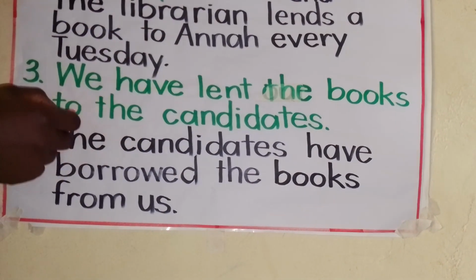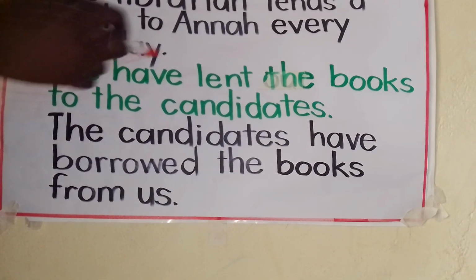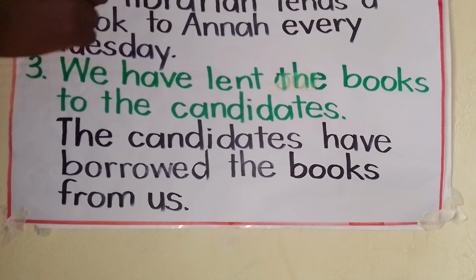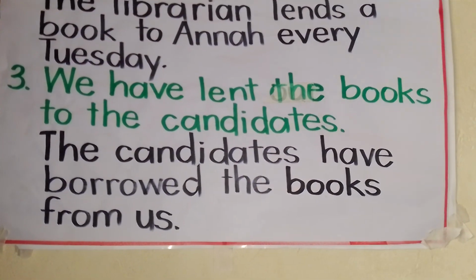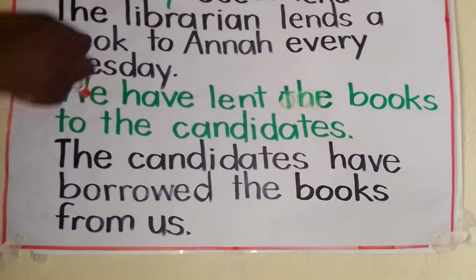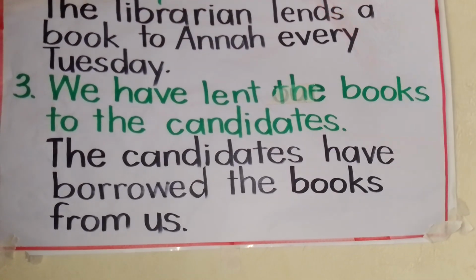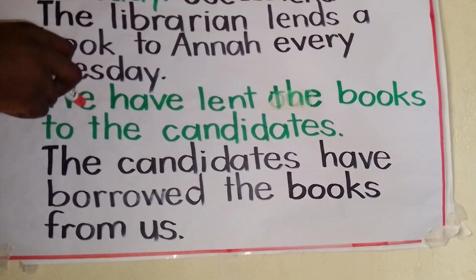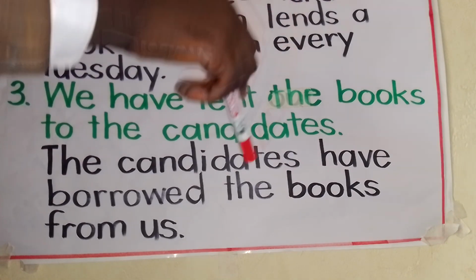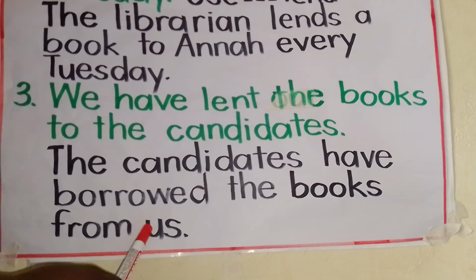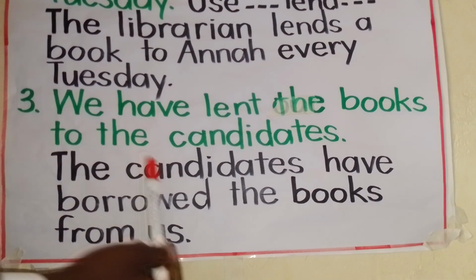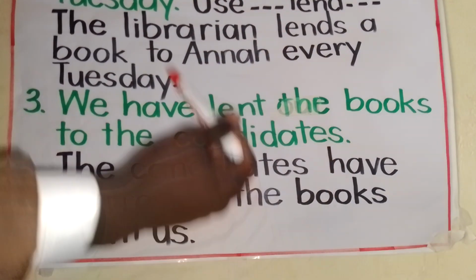Then to will be replaced by from. The last subject becomes the first subject, and the first subject changes to the last position. We will be changed to the objective use, and the objective form of we is us. So that's why we have our answer as the candidates have borrowed the books from us.